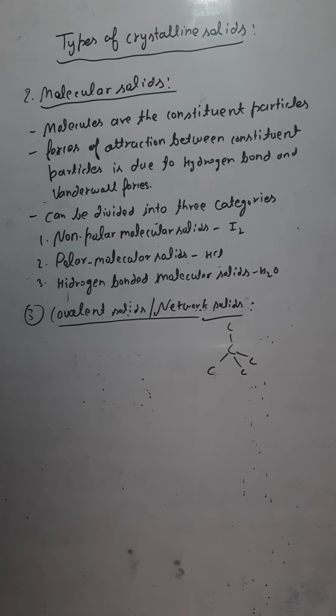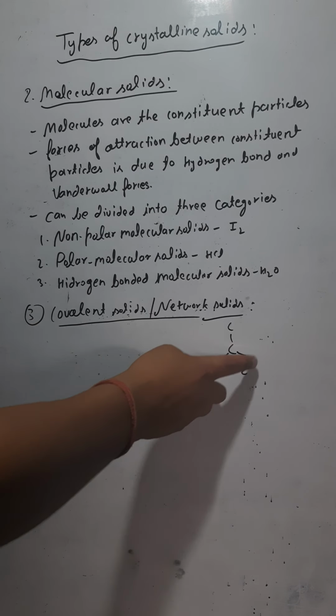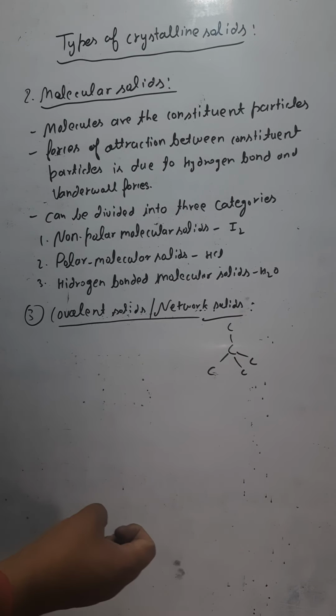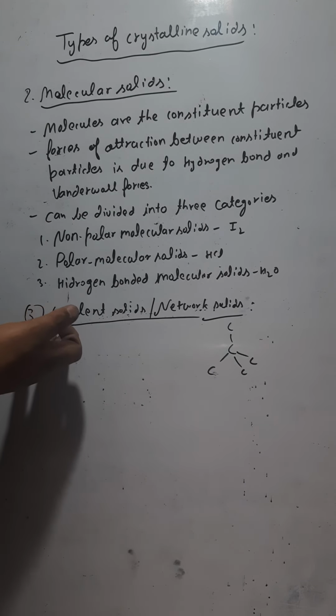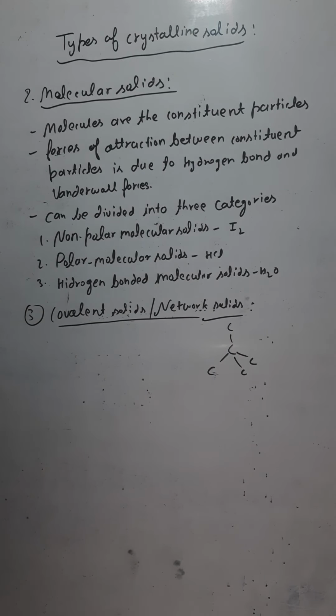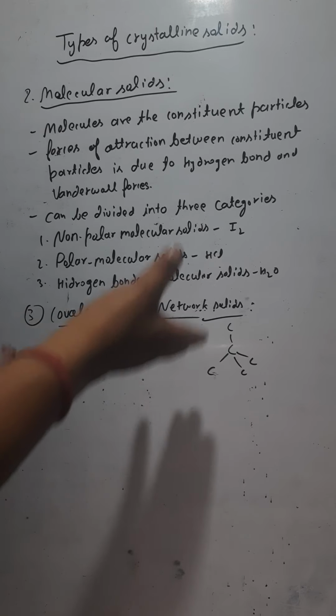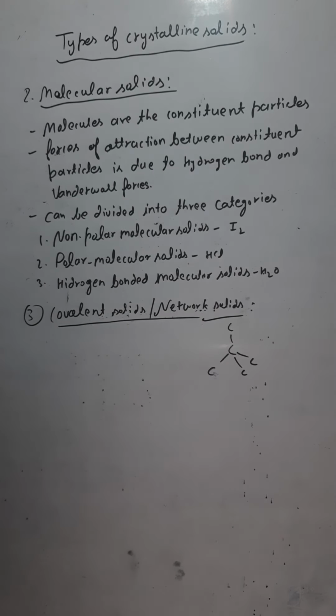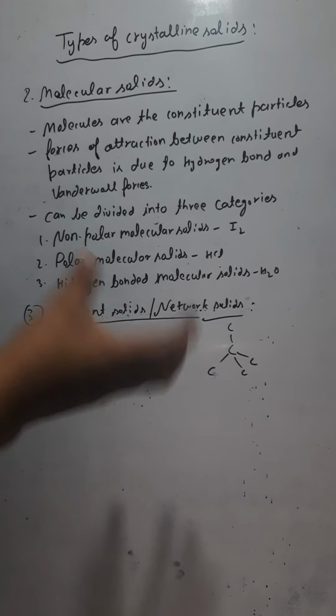What are the constituent particles here? If you see, all the carbon atoms are joined together and make a network-like structure. So in covalent solids, the constituent particles are atoms, and the forces of attraction between them are covalent bonds.